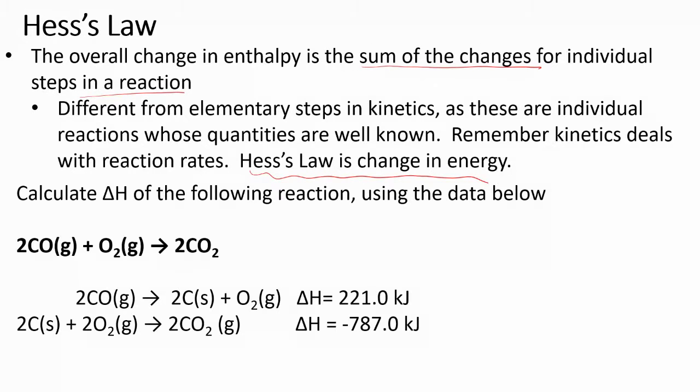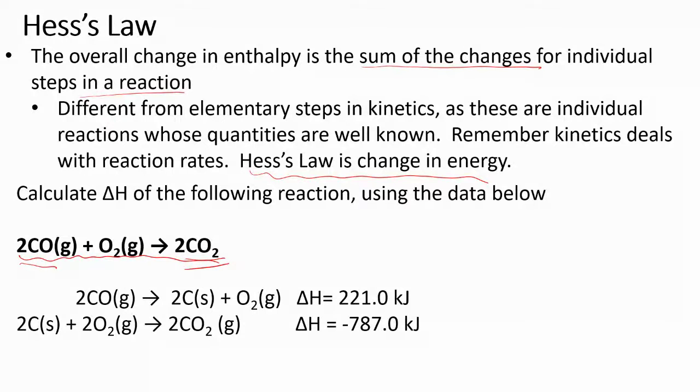So let's calculate the delta H for the following reaction. So here is our overall balanced equation. Let me start over. 2 moles of carbon monoxide gas plus 1 mole of oxygen gas yields 2 moles of carbon dioxide.